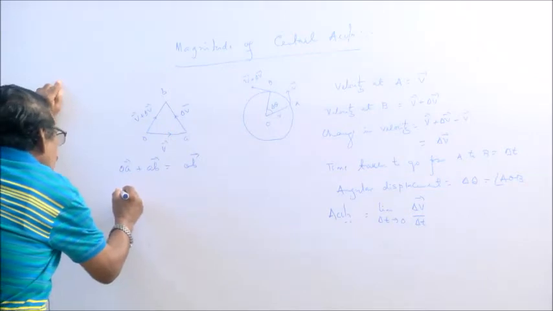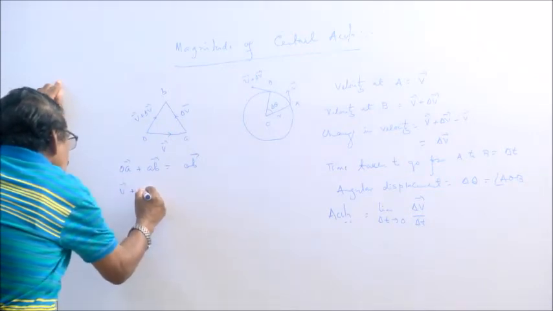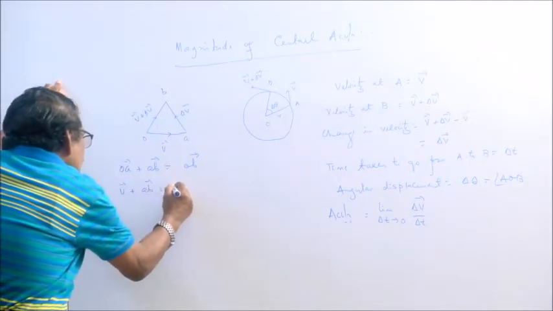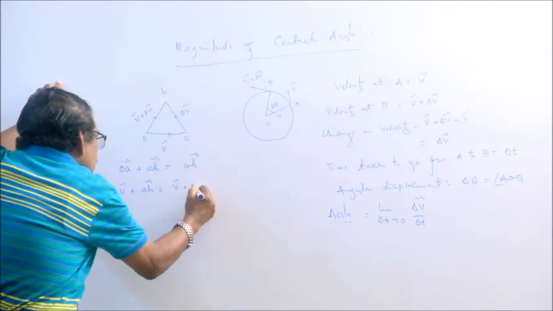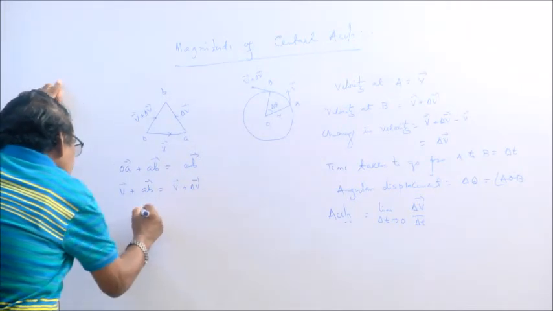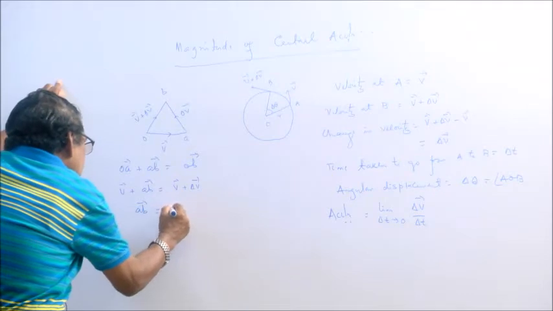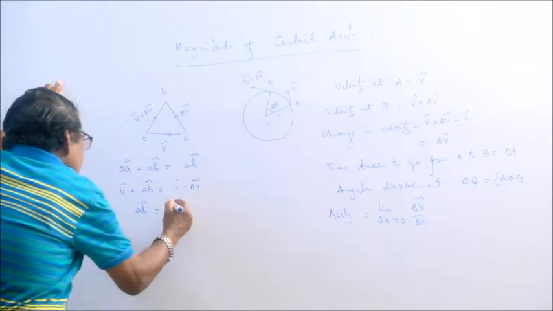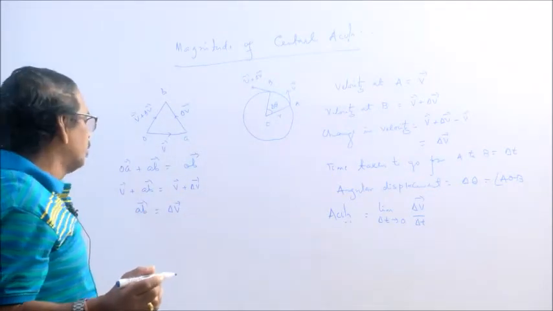So, V plus AB is equal to V plus delta V. So, the AB vector becomes equal to delta V.